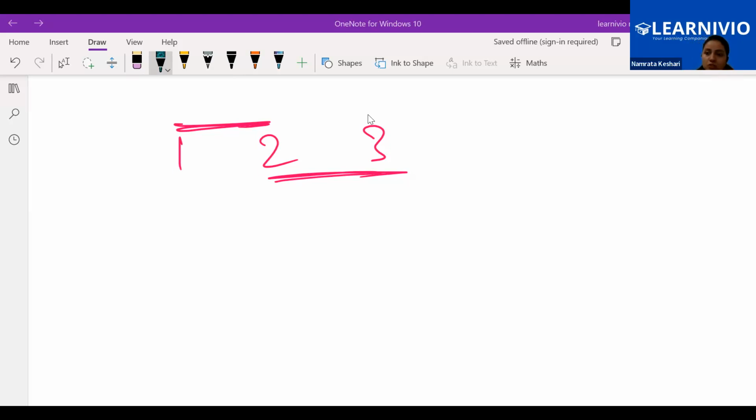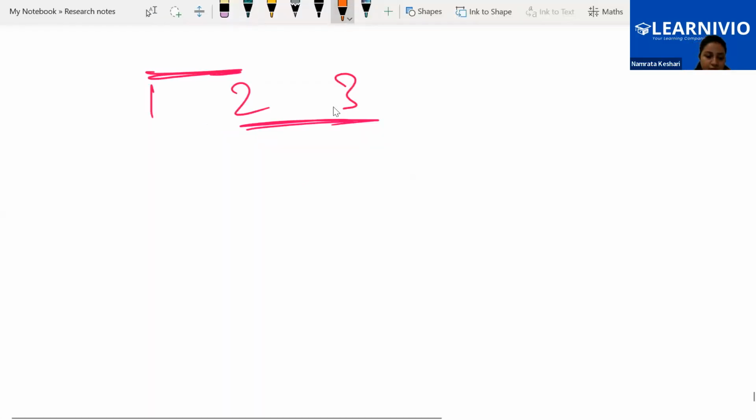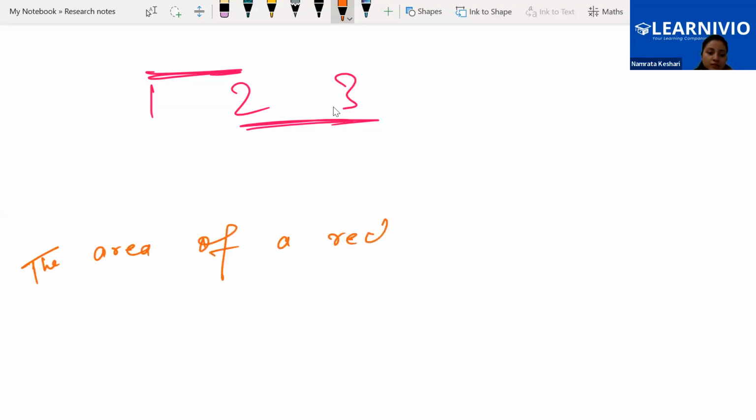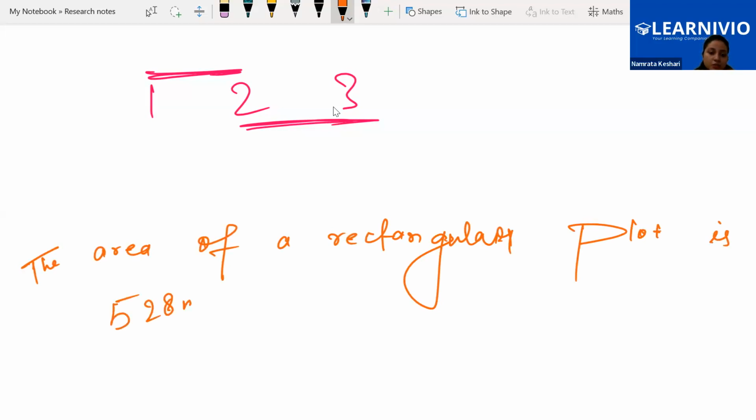Okay, now the next question is this one. The area of a rectangular plot is 528 meters square.